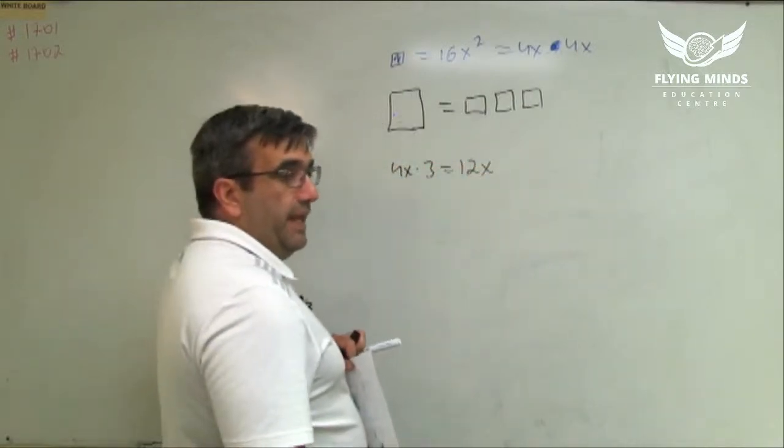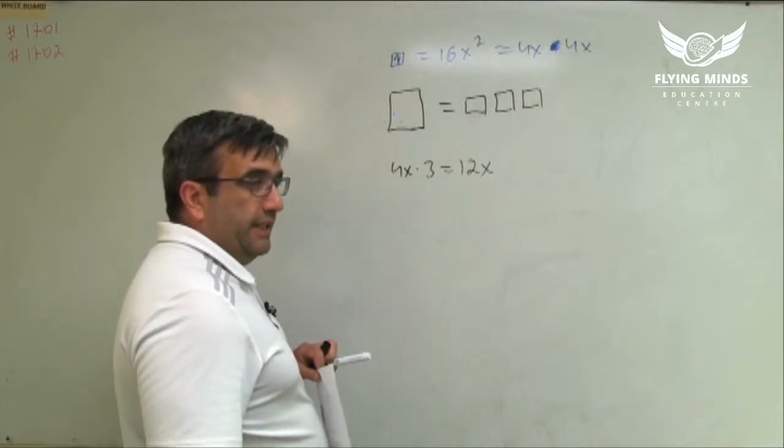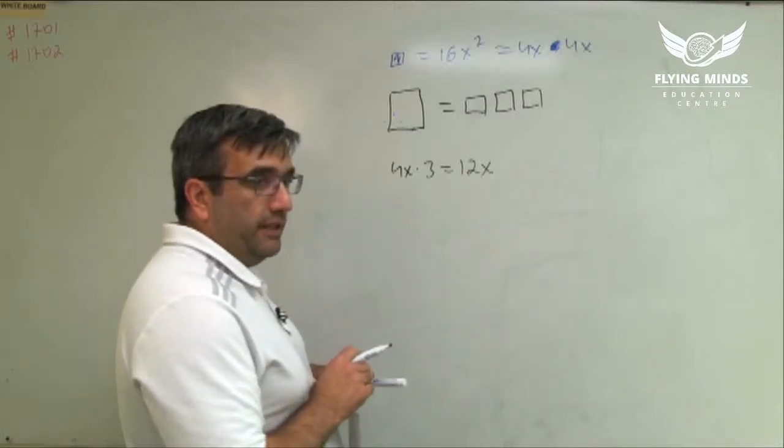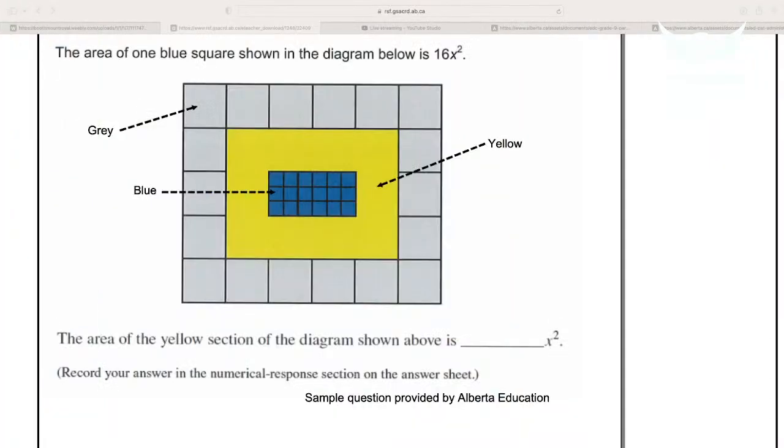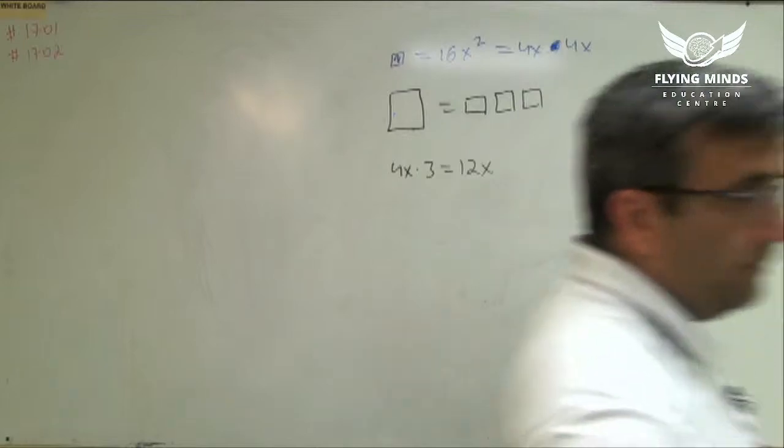So then the yellow area, as we can see, the length of the gray area is 4 gray squares, and the width is 3 gray squares, right?